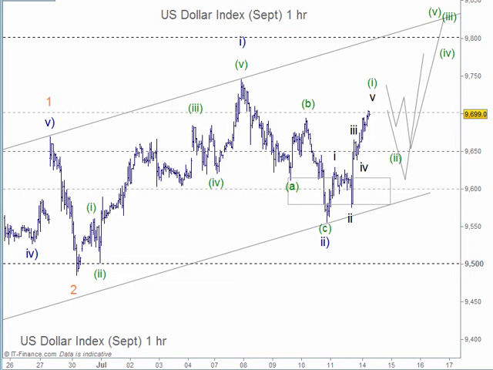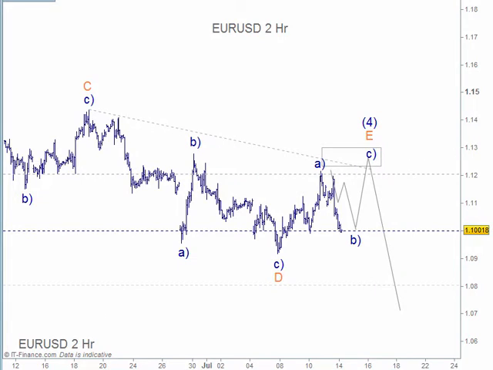So the euro US dollar has made a move down. This is what we were looking at yesterday. We were looking at a 3-wave structure here, and it's quite possible that the E wave of 4 can be on top of the A wave here, so we can have this as an A and a B and a C here, wave 4, and we move down from this point.